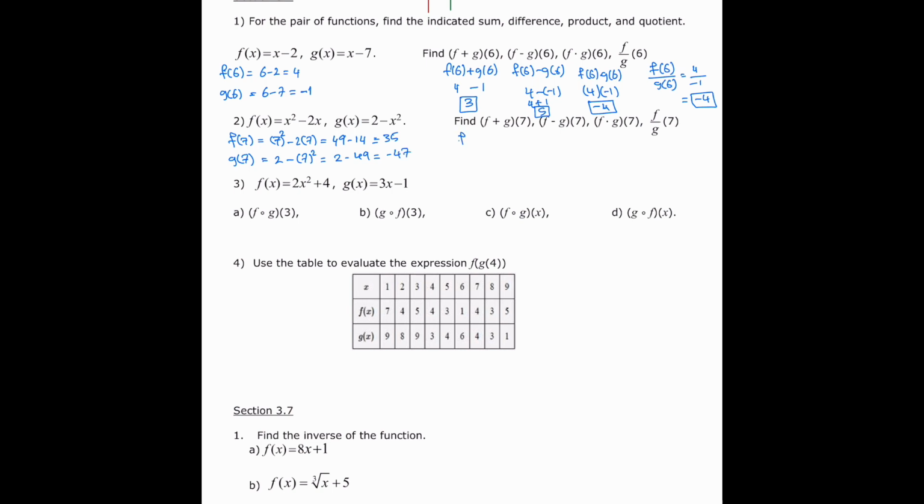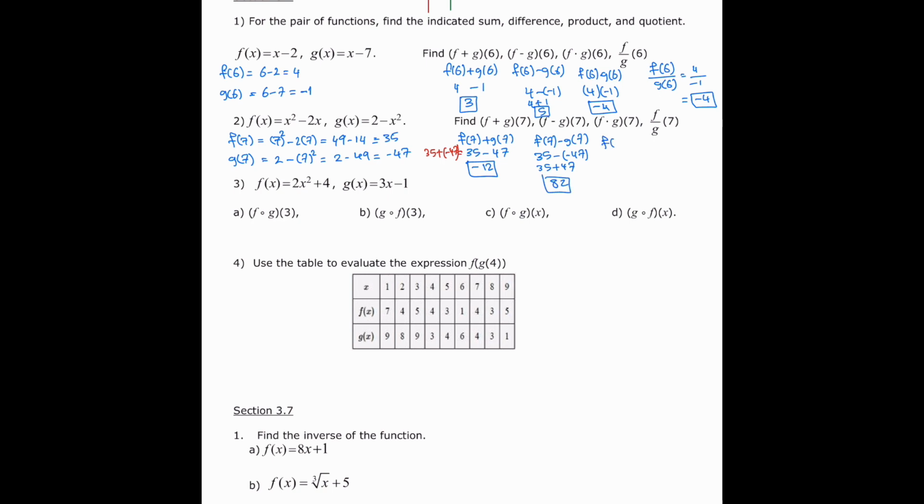So now we want to find the sum. So f of 7 plus g of 7 is 35 plus negative 47, which is negative 12. You just skip the extra step. And then f of 7 minus g of 7 is going to be 35 minus negative 47, which is 82.